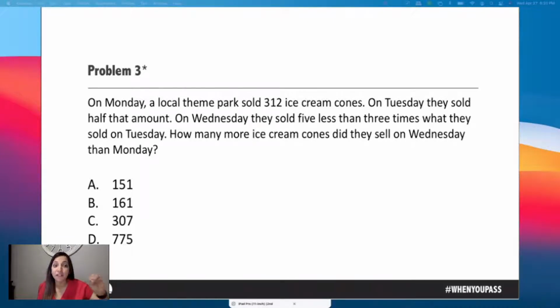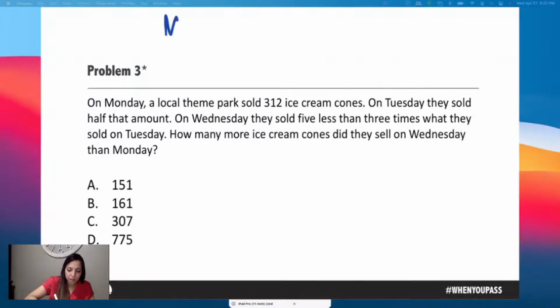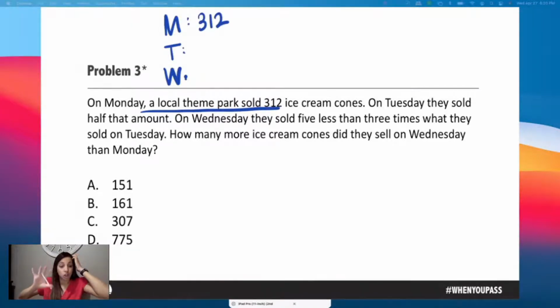We've got a lot of information here. So we've got Monday, Tuesday, and Wednesday. And they gave us Monday, 312. Before I get started, I'm going to look at what they're asking for. They are asking how many more did they sell on Wednesday than Monday?